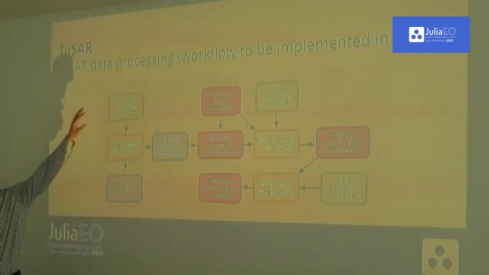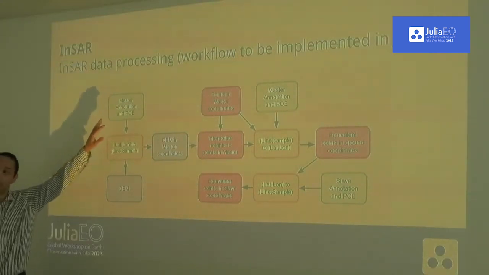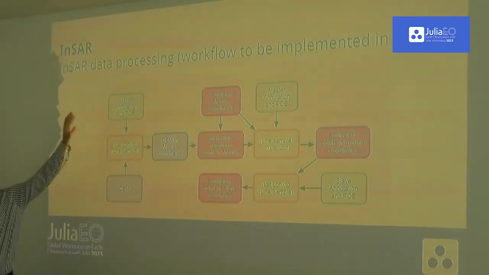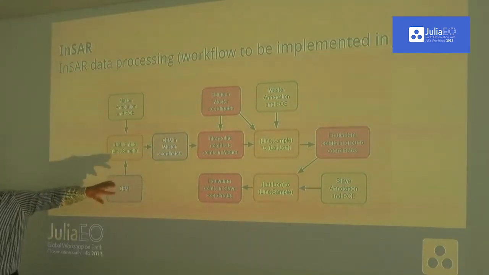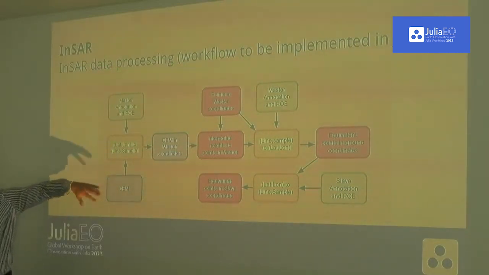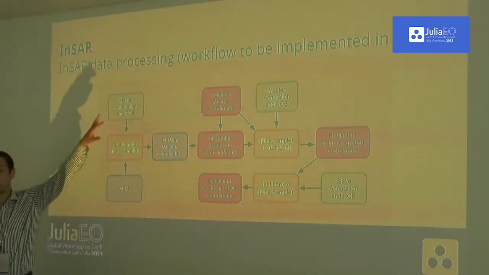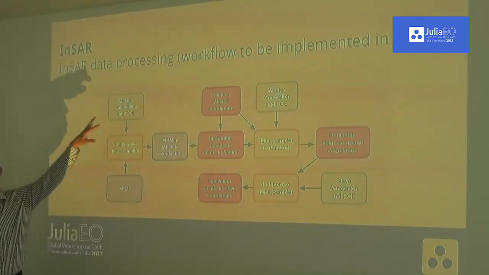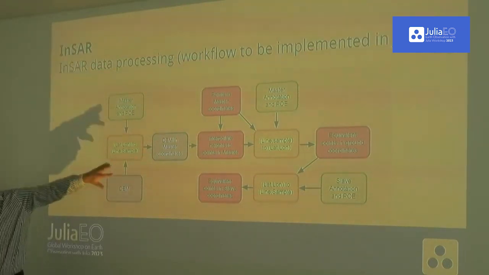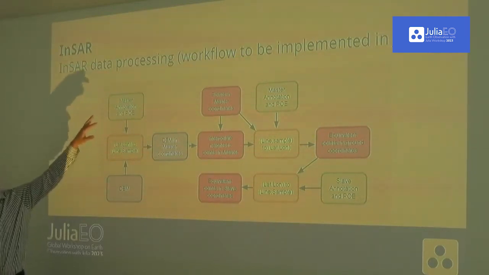So the way the processing is done is that first you take the information from the primary image, and together with that you also need some precise information about the orbits of the satellite. And you take that together with a digital elevation model, so you know the topography. Then you convert the digital elevation model onto the geometry of the primary image to get the heights of the pixels.